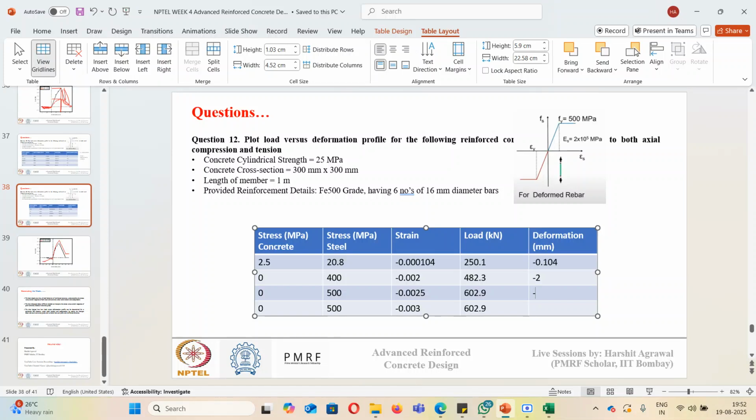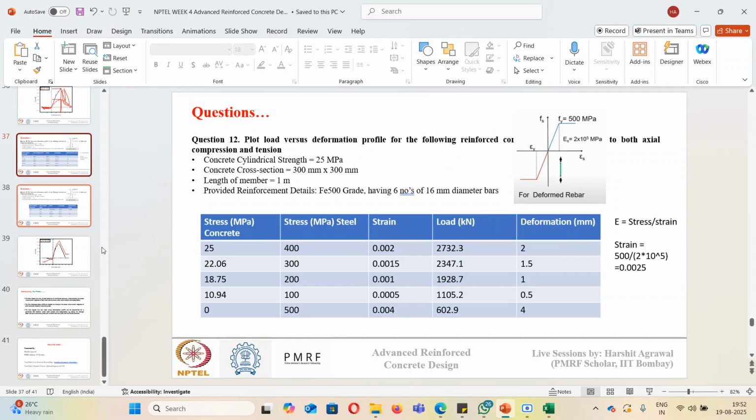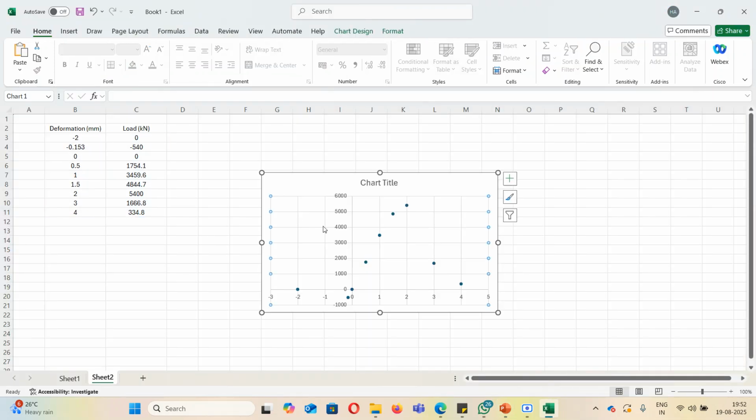Okay, so this is minus 2.5 and this is minus 3. Okay, so if we take this to Excel, if we plot this profile in Excel, let's see how this profile will come.